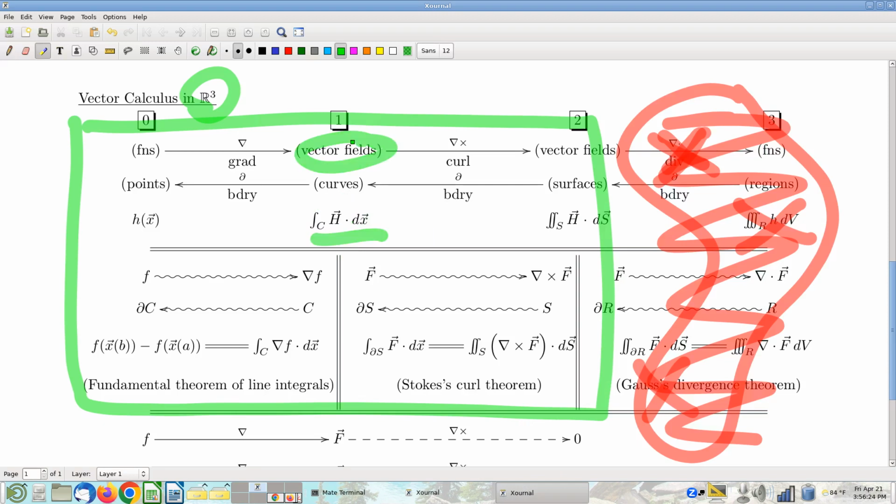That means they've given me a vector field. What does the diagram tell me? Well, the diagram's telling me right here, compute the curl of that vector field. So go ahead, compute that curl. It's also telling you, whatever curve you're looking at, think about the boundary points, if any, of that curve. So let's just do what the diagram tells us.